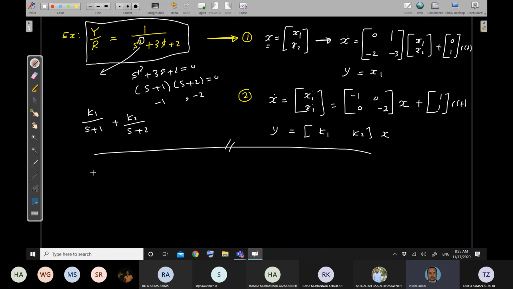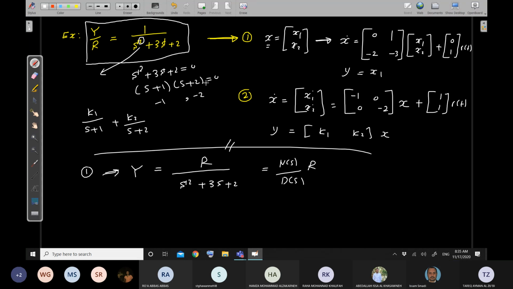For the first one, I state the first method. You first write y equal to r over s squared plus 3s plus 2, which means this is N of s over D of s, multiplied by R. Then I take R over D of s and define it as x, my state variable.